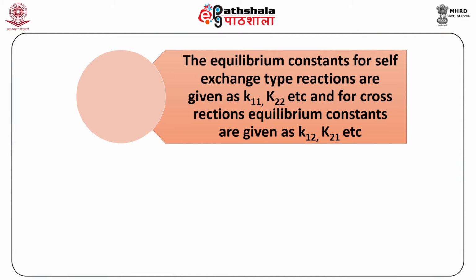The equilibrium constants for self-exchange type reactions are given as K11, K22, K33 and so on. But for cross reactions, such constants are given like K12, K21, etc. The self-exchange notation clearly indicates that the metal ions and the ligands are the same, except that isotope labeling can be done at one of the metal centers, so that we can discriminate what kind of electron transfer reaction is going on.